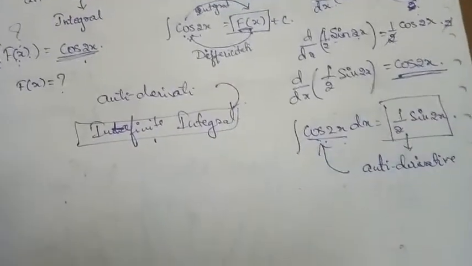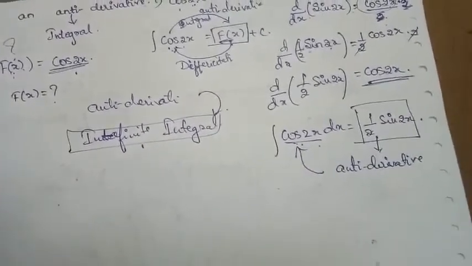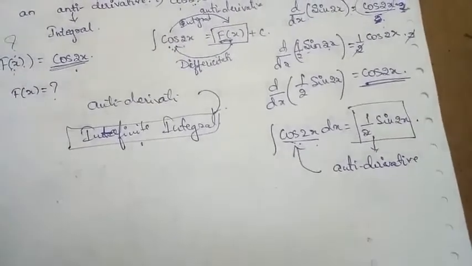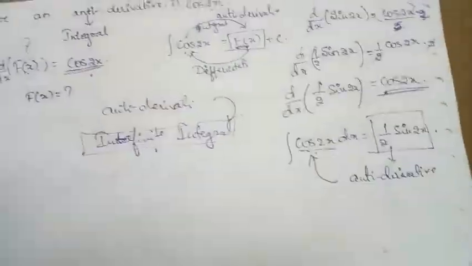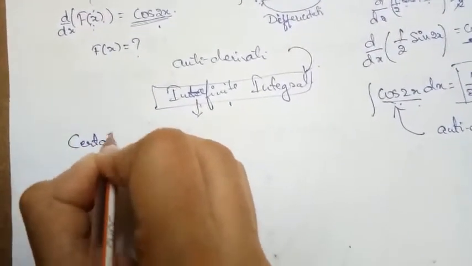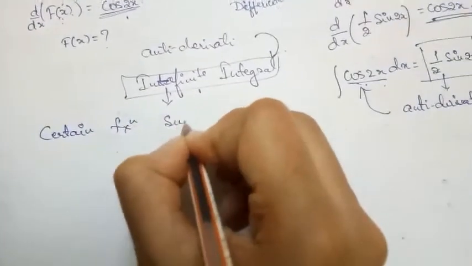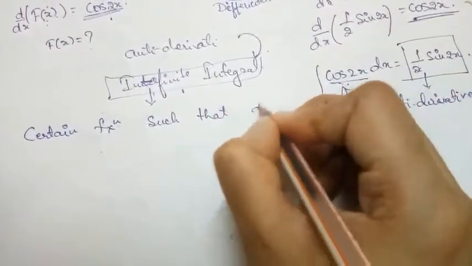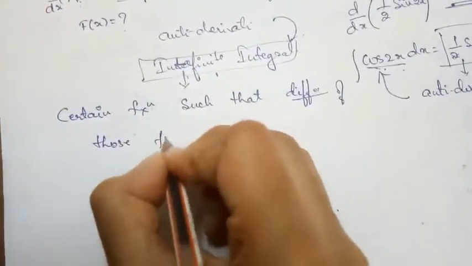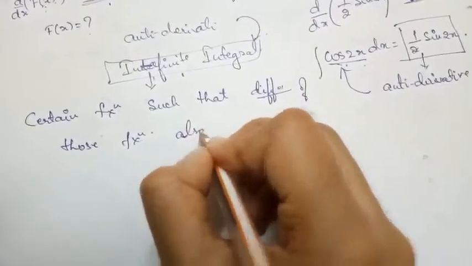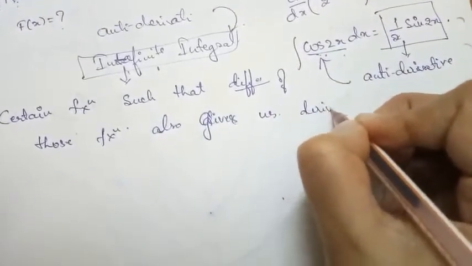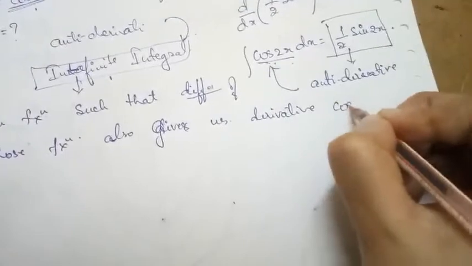Indefinite integral means there are certain functions whose differentiation also gives us the derivative cos 2x.